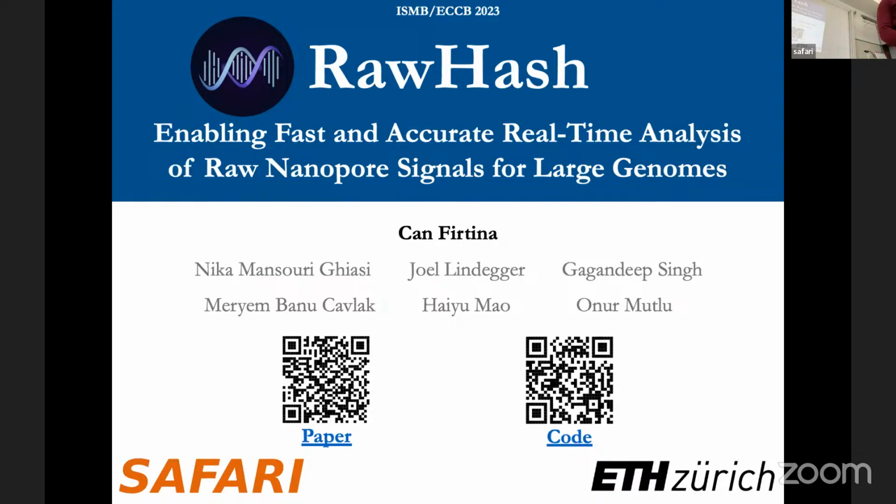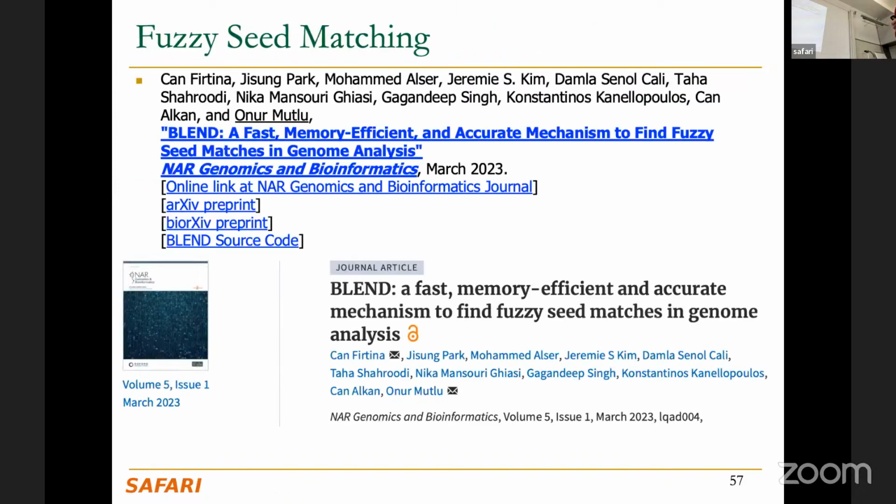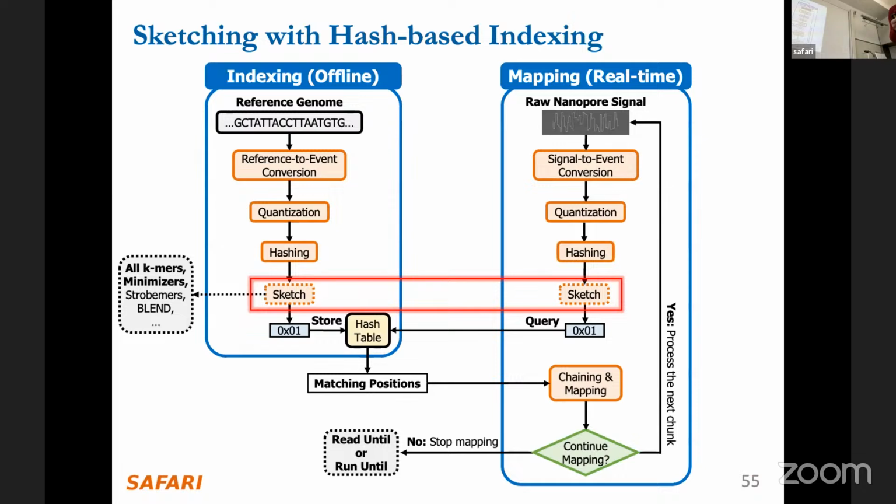I have one other question. So we construct, I think it was called the indexing step, we construct a hash table. Yes. And this hash table is a mapping from the hash values to the positions of the reference. Yes.